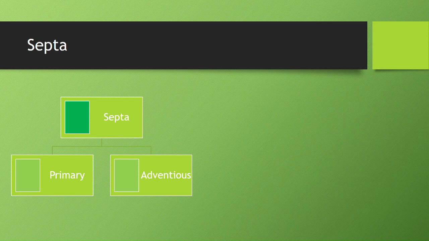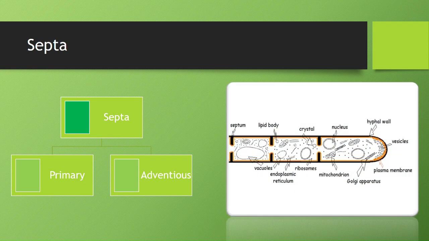That is, the septum is laid down between the two daughter nuclei. In the case of adventitious septa, septum formation does not follow nuclear division. You can see the image of the septa here.